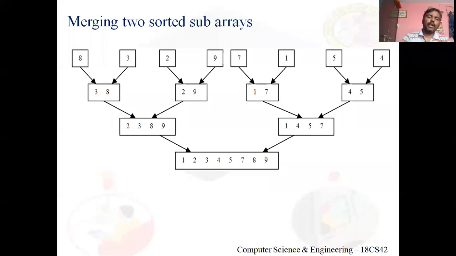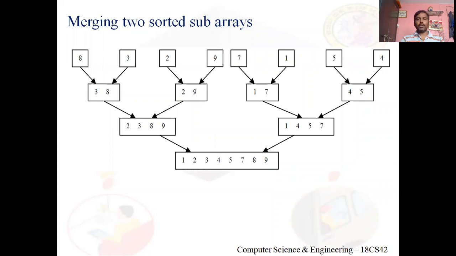Then K will point to the last level, which is the final solution. Initially it was empty, so K will be pointing to the first location. Now I is pointing to the first element of the first sorted array, and J to the first element of the second sorted array.